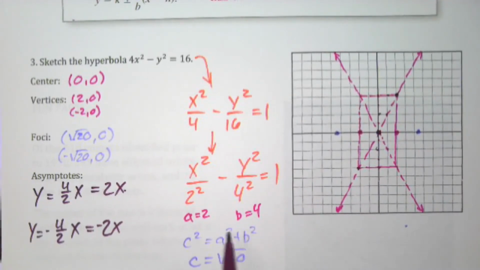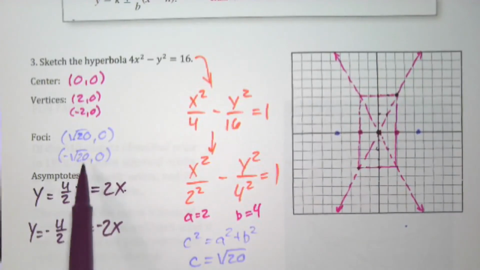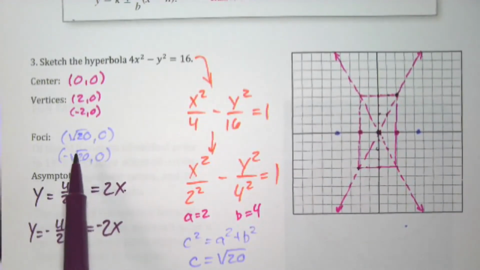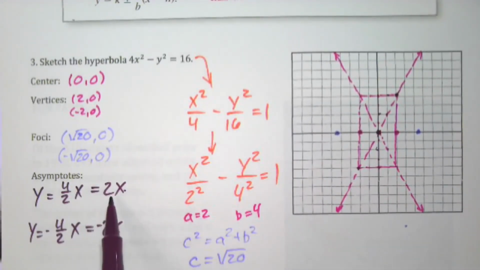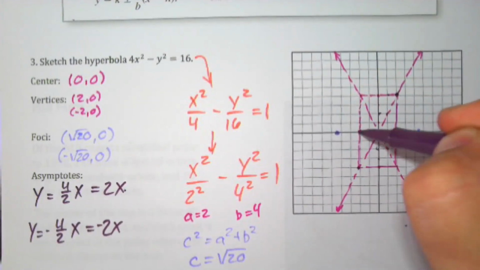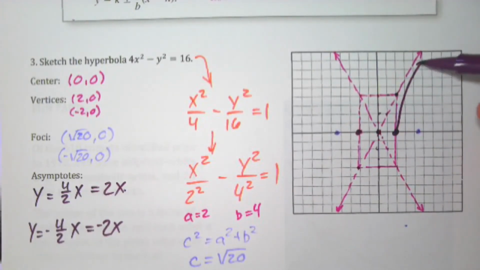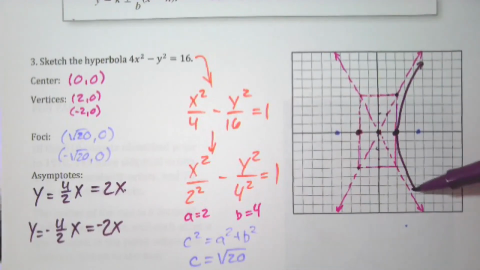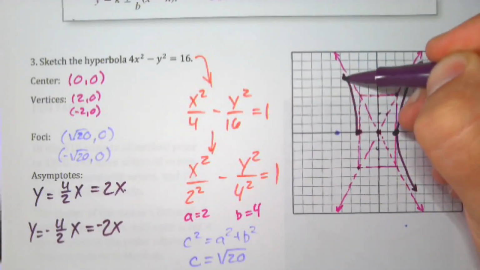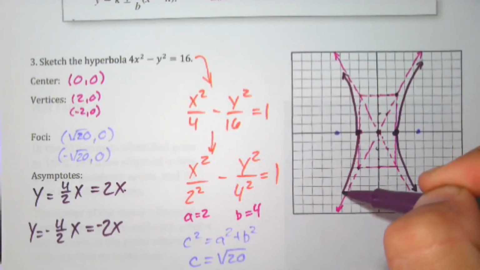We use this equation here to get our c value, which helps us get our 2 foci. And then lastly, we use the equations up above to get our 2 asymptotes. Now, the last thing to do is start at either of our vertices we have here, and then similar to the shape of that parabola, we just work our way towards the asymptotes up and down, and we do that on both sides.